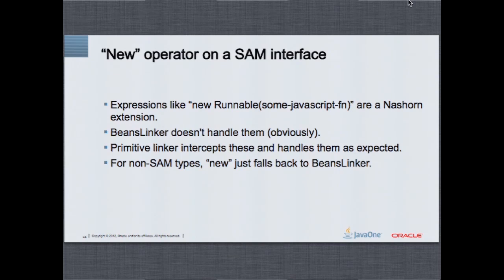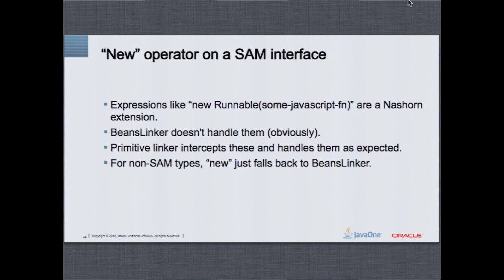We also have a separate thing where we intercept the new operation. If we get in a Nashorn linker a new operation on a script function, we know that it's a constructor invocation of a function in JavaScript.